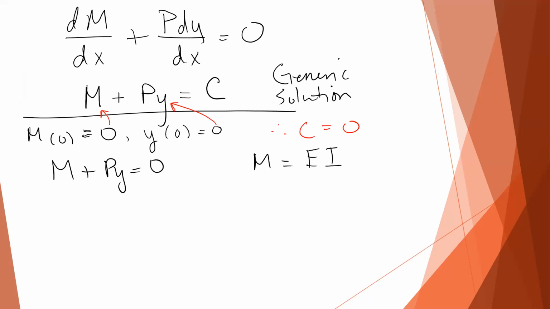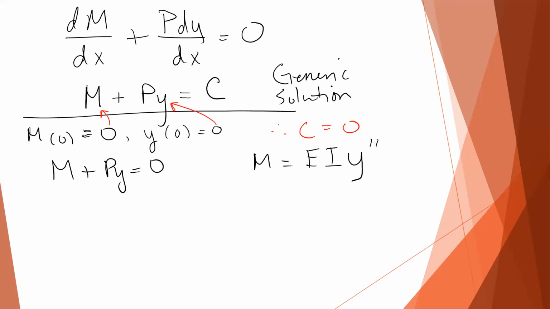And in the past, I believe we used the letter v, but we can replace that with y. Is that it, or am I missing something? No, it's not divided by something. Yeah, perfect. The moment is EI y double prime.